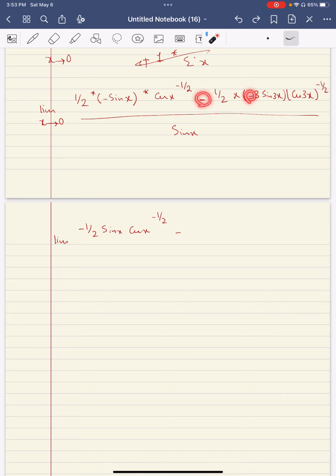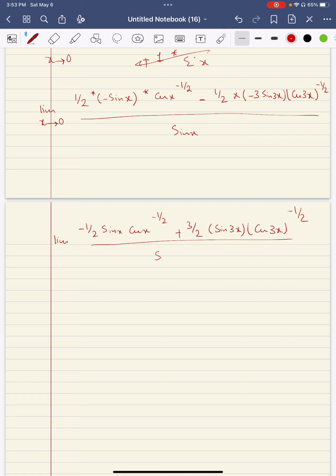Negative times negative would be positive. 1 over 2 times 3 would be 3 over 2, right? So we would have positive 3 over 2 times sine 3x times cosine 3x to the power of negative 1 over 2 over sine x.